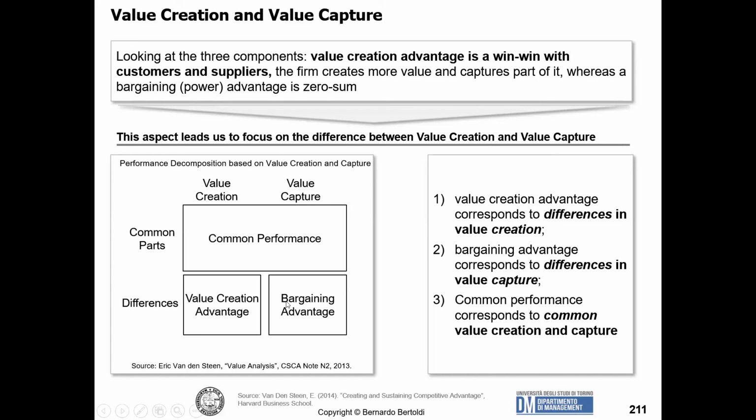And this is value creation: I have more value because when I use Netflix video streaming, I can have specific series or specific movies made by Netflix that I can find only there. On the other side, there is the bargaining advantage. In this case, I'm not creating more value for the customer, I'm just getting more value from the supply chain of value towards the customer. Therefore, if I'm Netflix, I'm bigger.